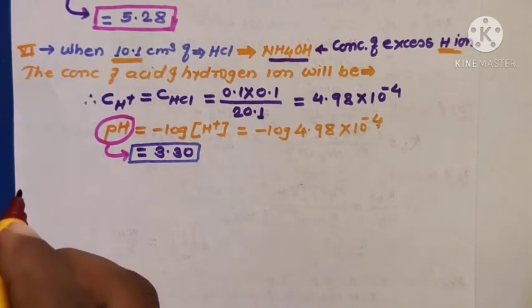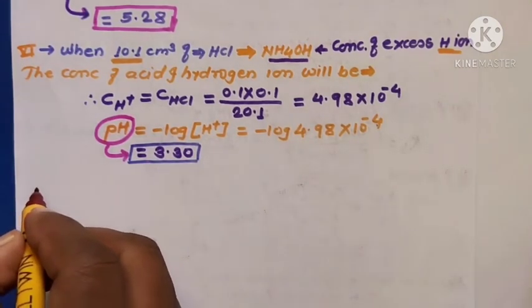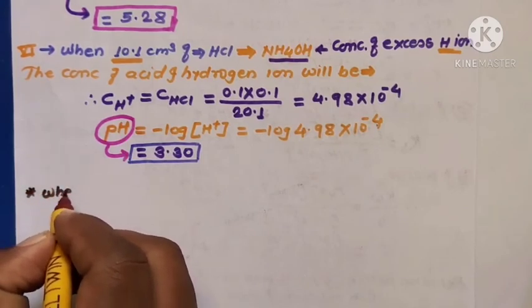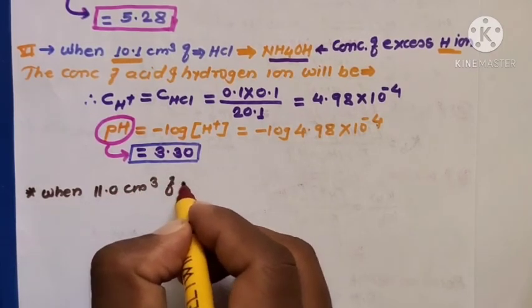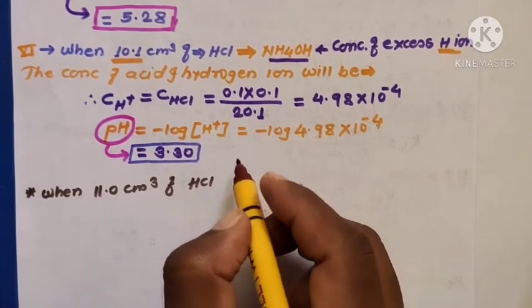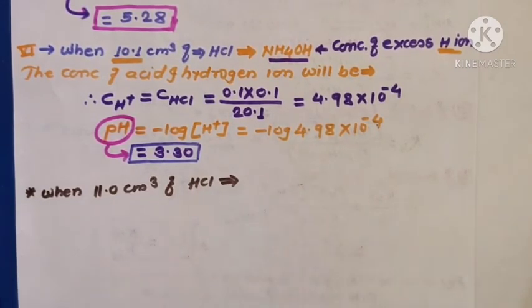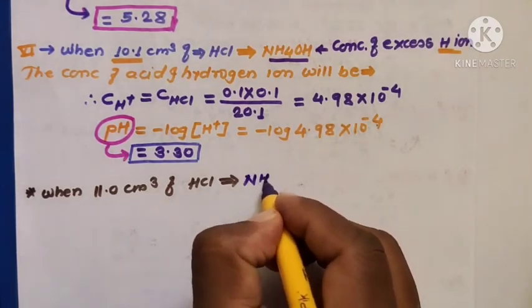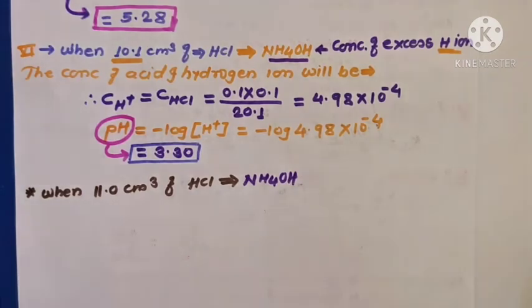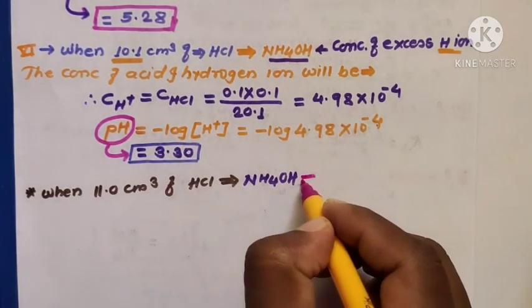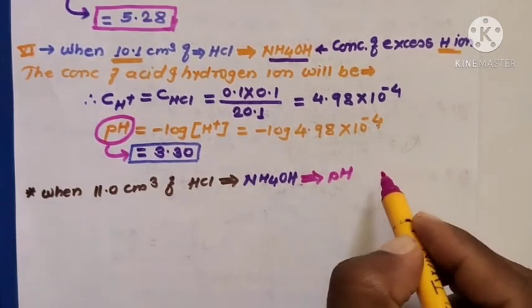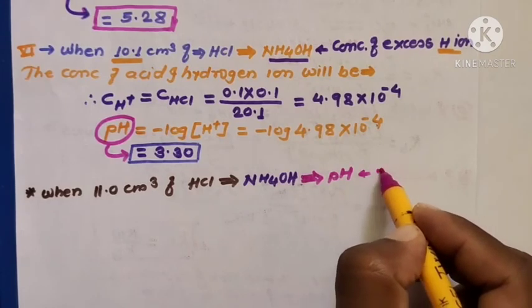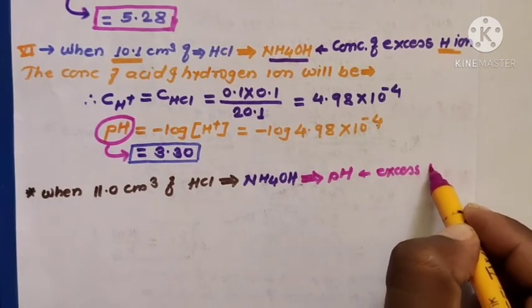Then in the last stage of the titration, when 11.0 cm cube of HCl has been added into the solution of NH4OH, the pH is determined by the excess of H plus ion.